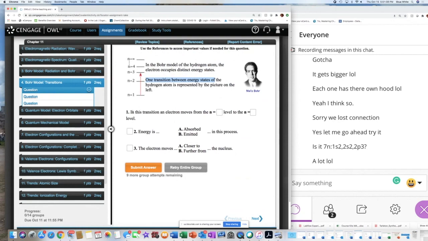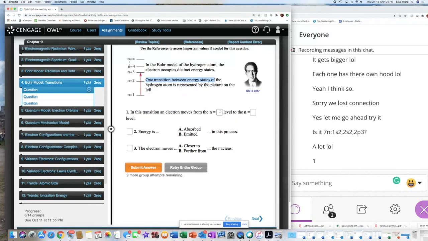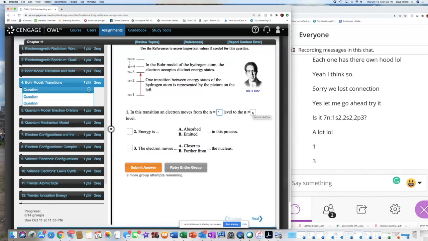In this transition, an electron moves from what level to what level? From 1 to 3.